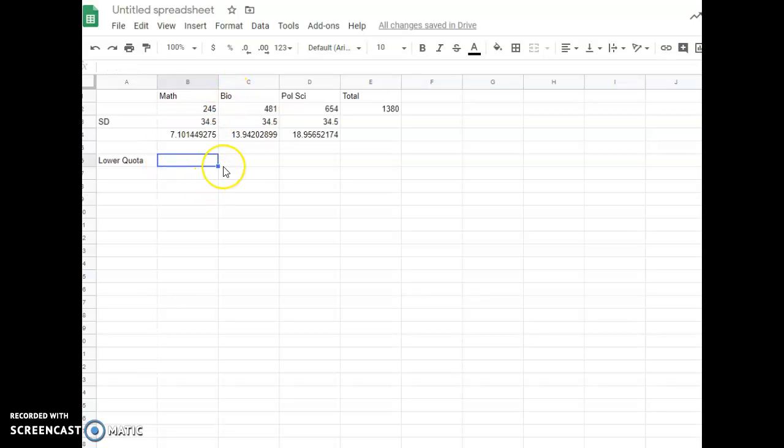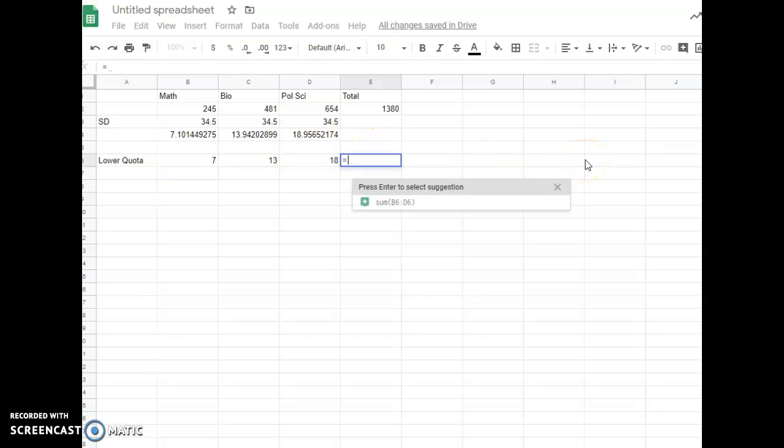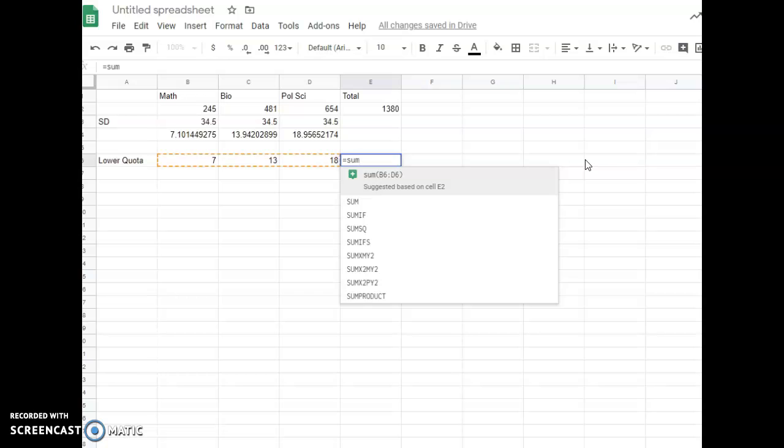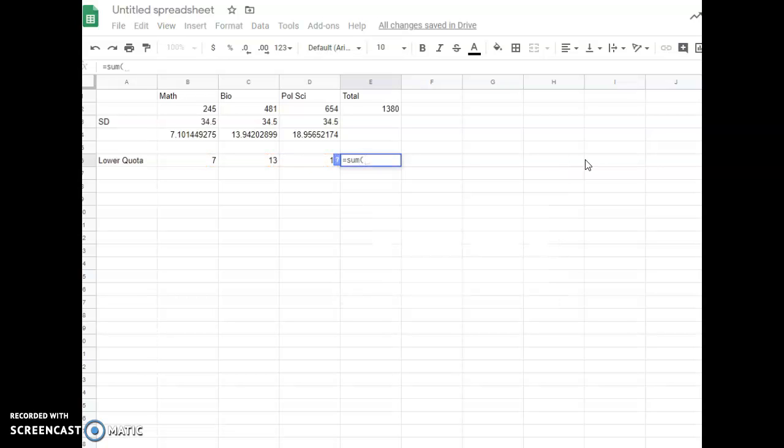So you might have to look at this part and just say, okay, well that's 7, this is 13, and this is 18. Now we're going to do equals sum again, and I want to add those three together. So right now we're at 38.